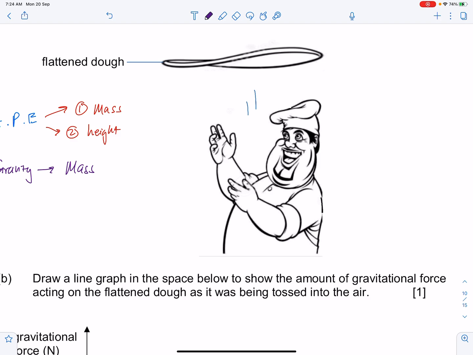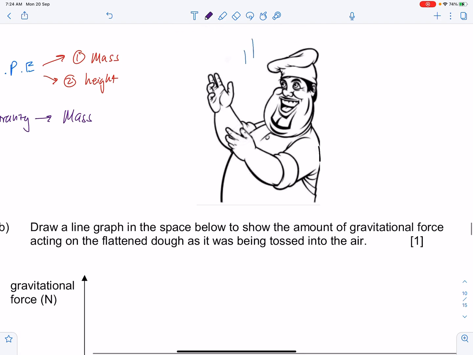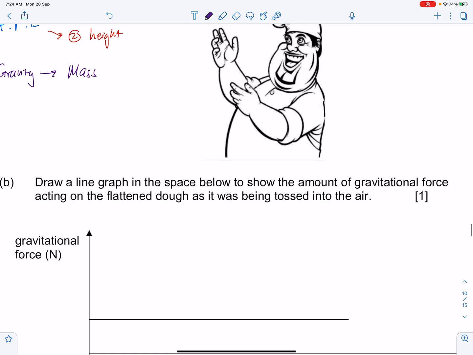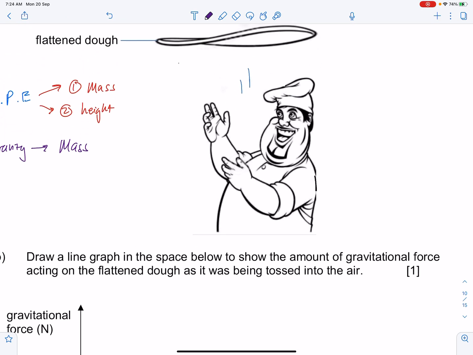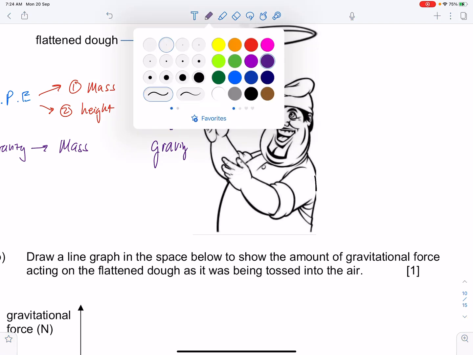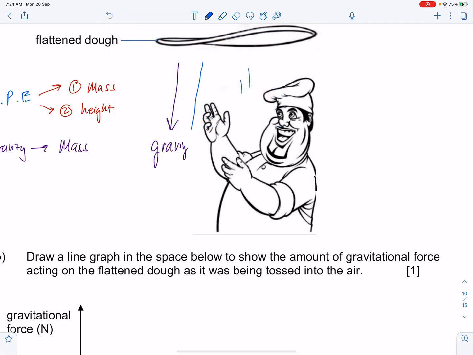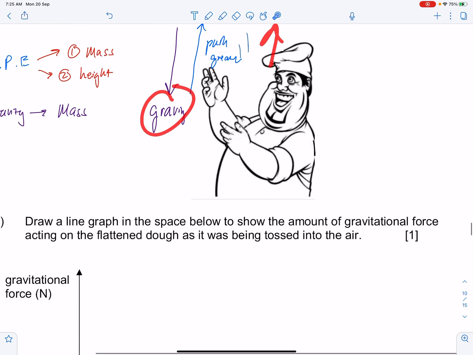The forces in play in this case would be that there is gravity that is pulling it down. So for it to go up in the air, Tony needs to exert a push that is greater than your gravity, correct? It needs to be greater such that it is able to go against gravity and go up into the air.